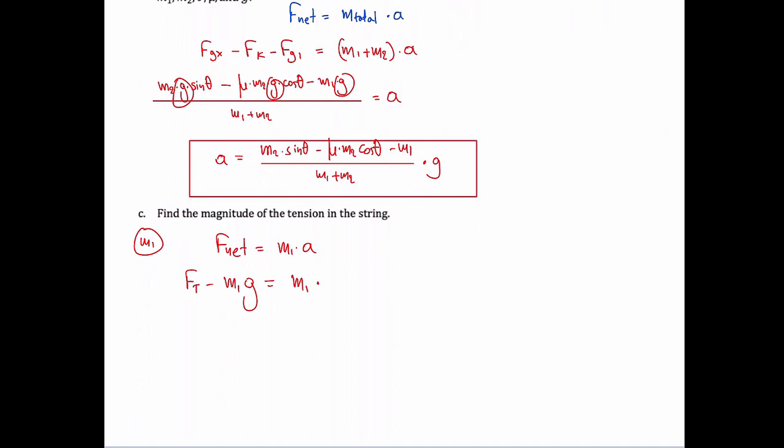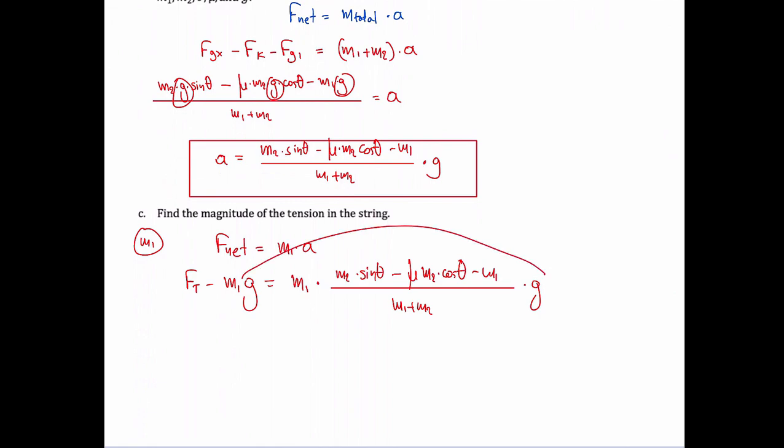And for the acceleration, we know that it is m2 sine theta minus mu m2 cosine theta minus m1, over m1 plus m2, multiplied by g. Now the only thing that we can do is bring the m1g to the right, so the force of tension is equal. I will try to actually apply the m1 to every single term in the fraction.